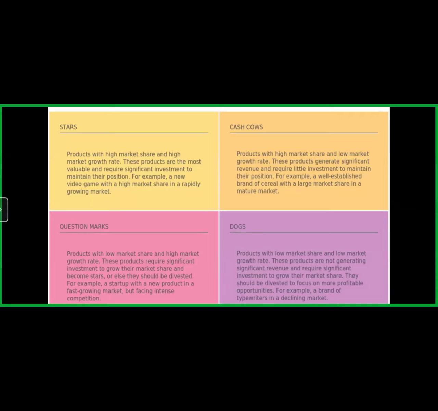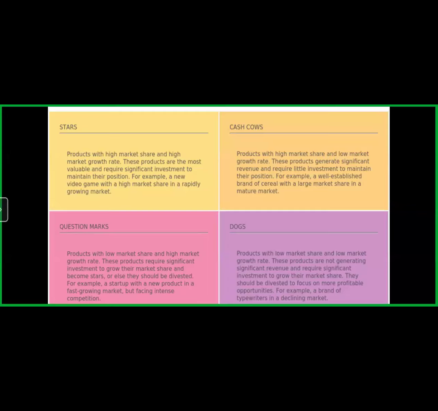We should invest that amount in coming up with new models or new fuel cars, maybe electric cars, maybe hydrogen cars, maybe any other renewable energy car. So that is the second type of product under the BCG matrix, which is listed under cash cow.